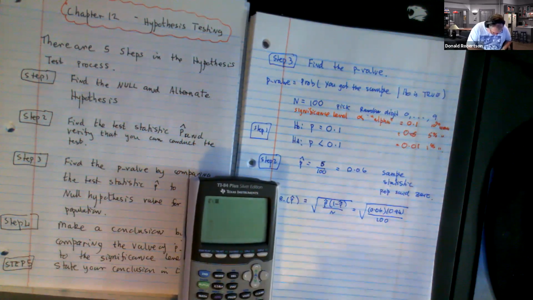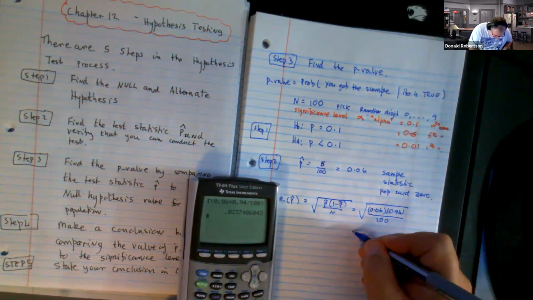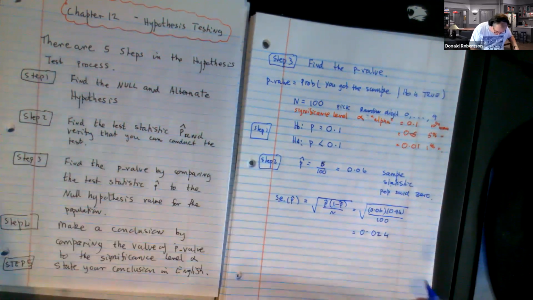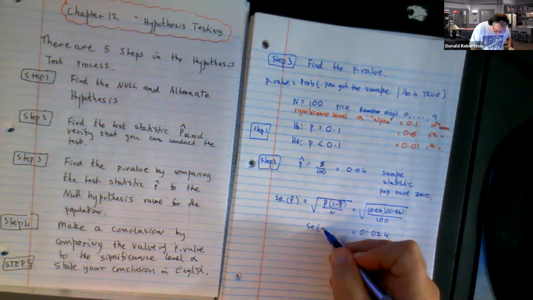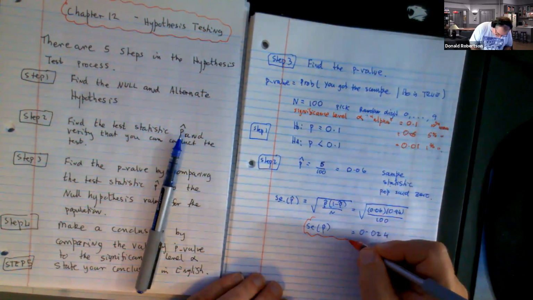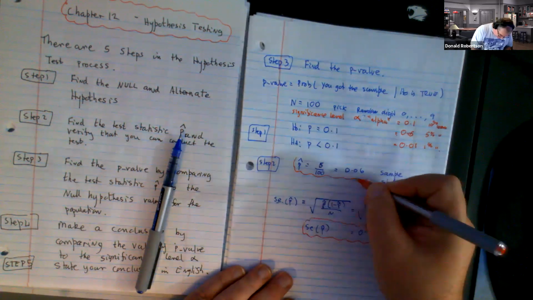Square root of 0.06 times 0.94 divided by 100, and the answer I get is 0.024, and that's the standard error. And I put a little bubble around it so I can remember it. And I put a little bubble around the p hat.